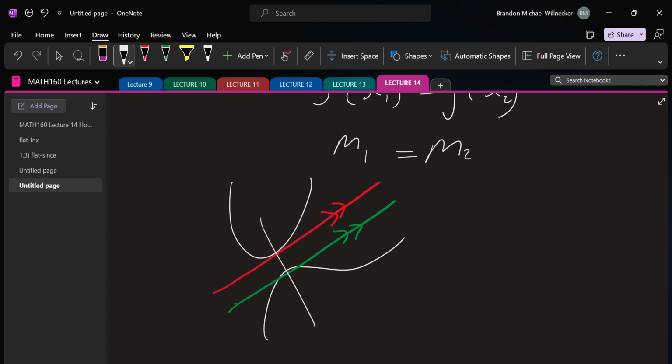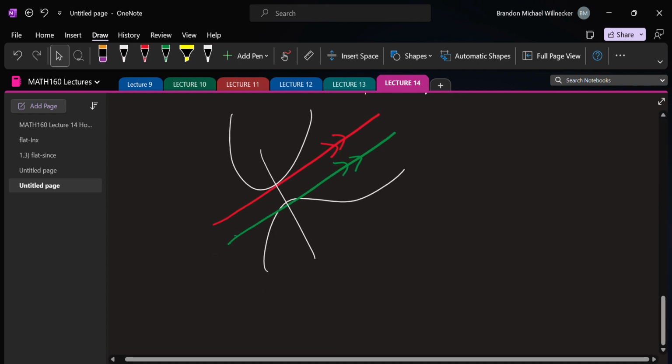Okay, so let's draw in the normal line. What can you tell me about the normal line and the tangent line? They're perpendicular, which is what we wanted to show. So, done.